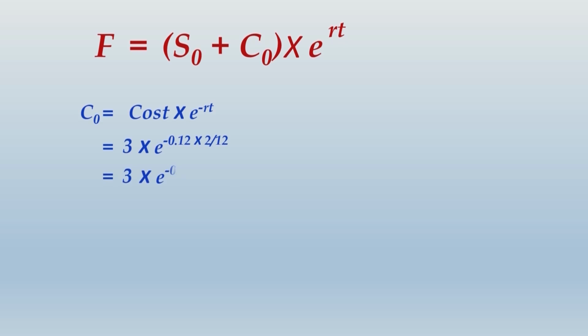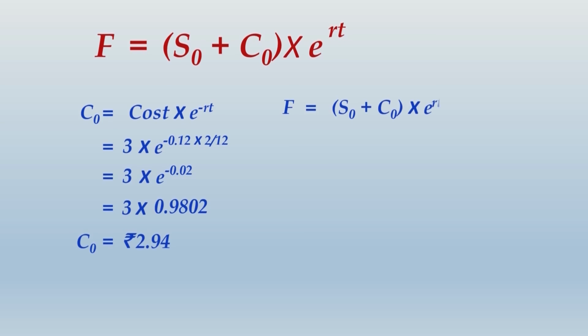So it will be e raised to negative 0.02, the value of which is given to you already, multiplied to 3. The present value of carrying cost comes to 2.94. Substitute this 2.94 in the equation of fair futures price, and what we get is 600 plus 2.94 into e raised to RT. This time T will be the factor of 6 months.